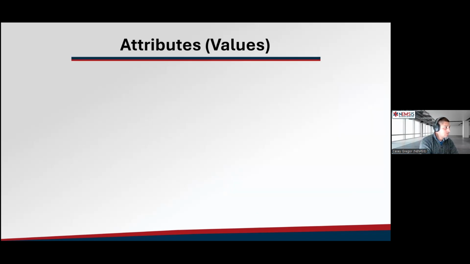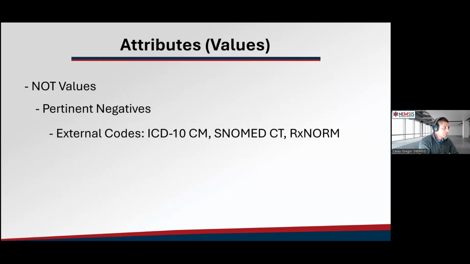All right, and moving on. So attributes, these are the values that we're going to select, right? And they can be several different things. So our not values, our pertinent negatives, external codes. So ICD-10 codes, SNOMED CT codes, RX norm codes. We use these a lot in the documentation, probably don't even realize it.